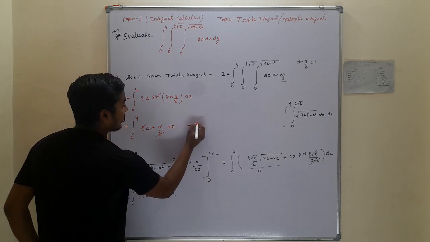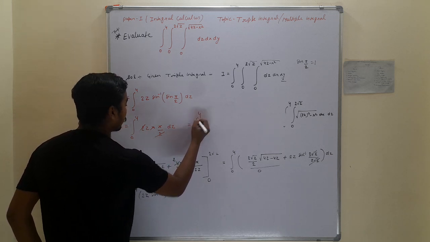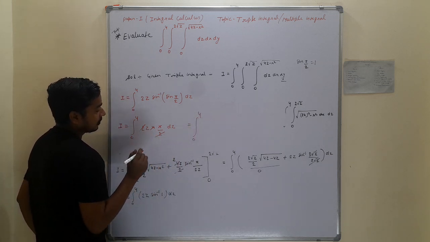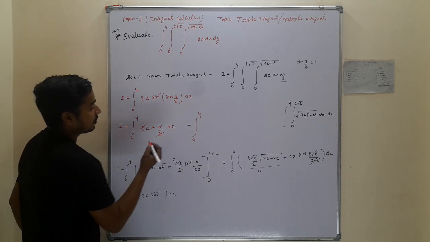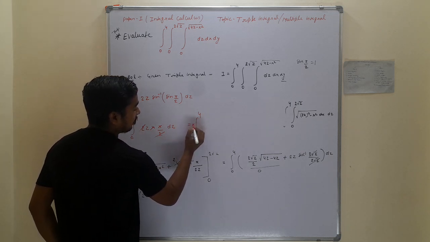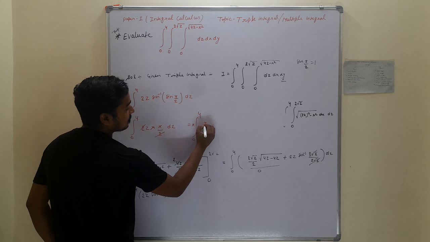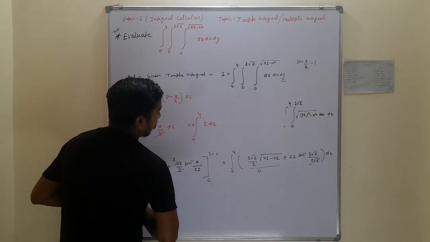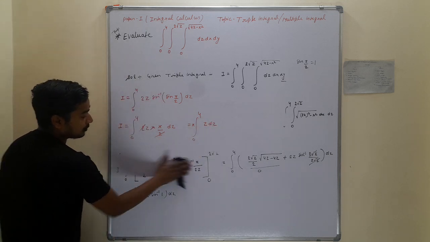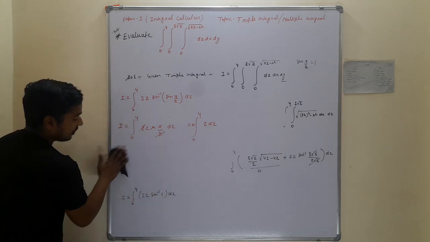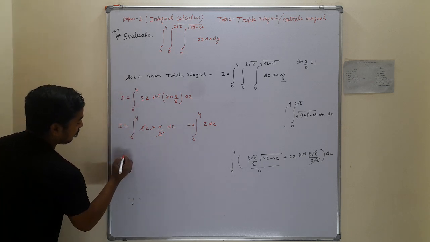Then the remaining is the integral from 0 to 4, with pi taken outside, pi into z dz, and we integrate with respect to z.